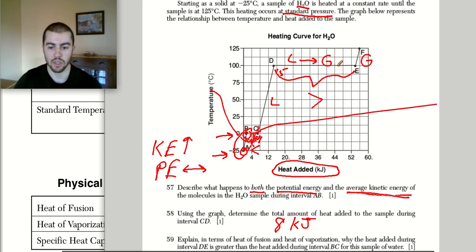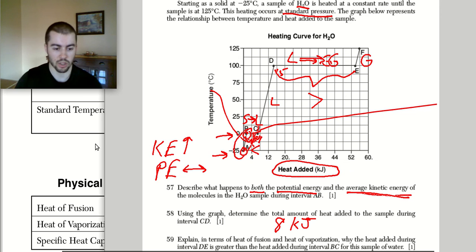If we think about what is happening during segment DE, we said before we're going from the liquid phase to the gas phase. And during segment BC, we're going from the solid phase to the liquid phase. So why is this line so much longer for DE? Why are we adding so much more heat to go from the liquid to gas phase than we did going from the solid to liquid phase?